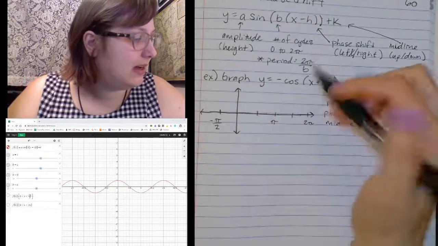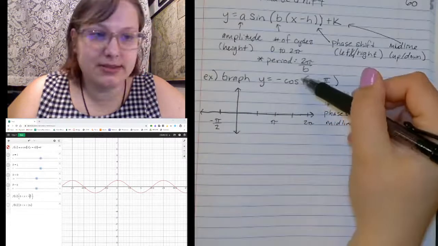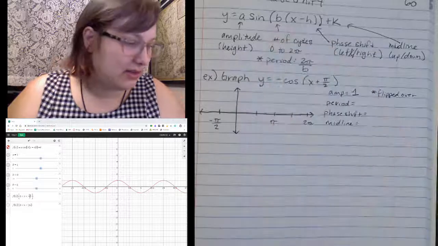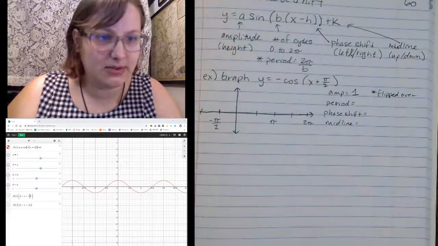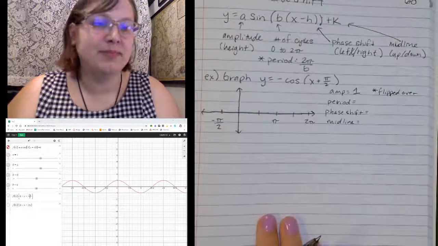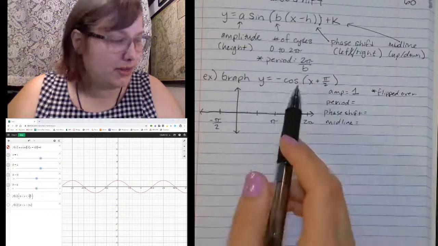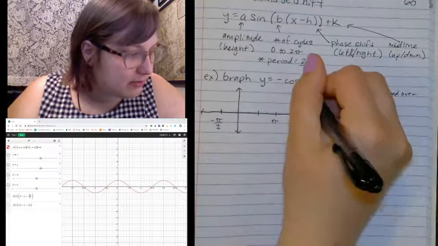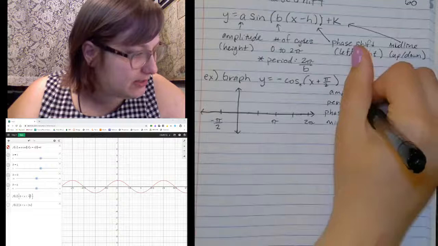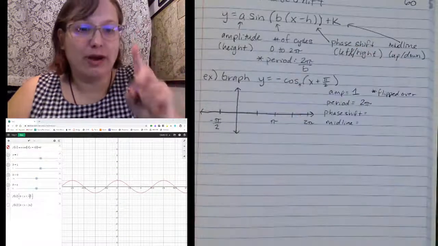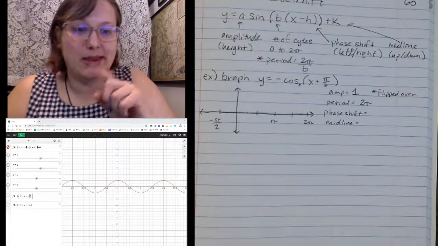All right. There is no value for b right here. My period, there is no b right here is where my value for b would be. And so my period is 2 pi, which means that I have 1 full cycle by the time I get to 2 pi.